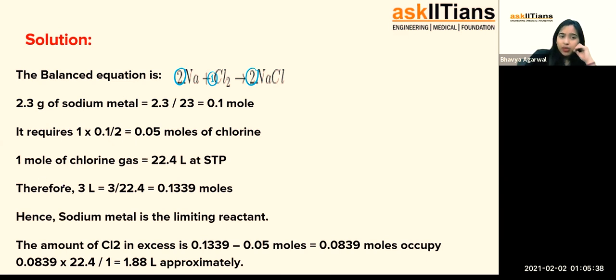So since I'm given 2.3 grams of sodium, I know that in order to find moles, the formula is given mass by atomic mass. Atomic mass is 23.